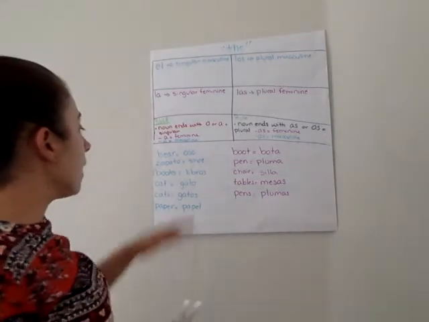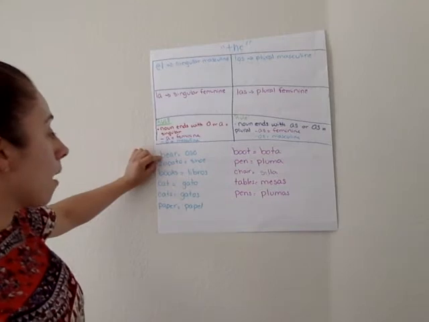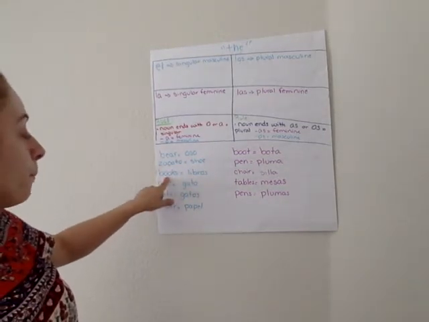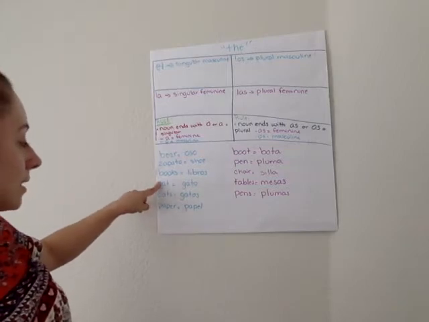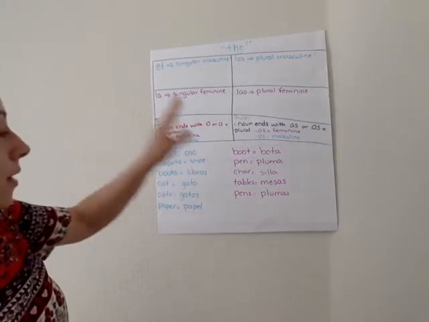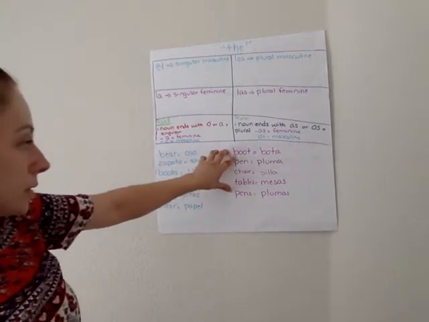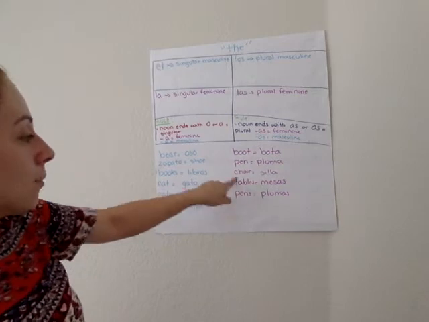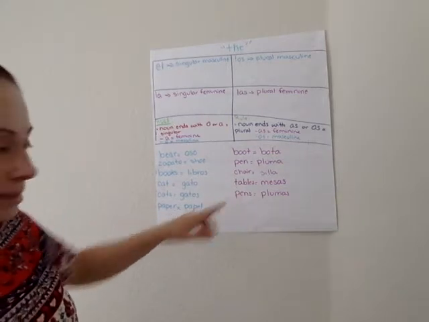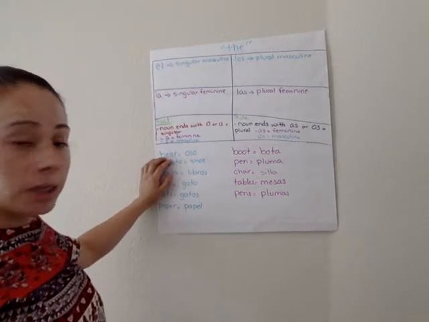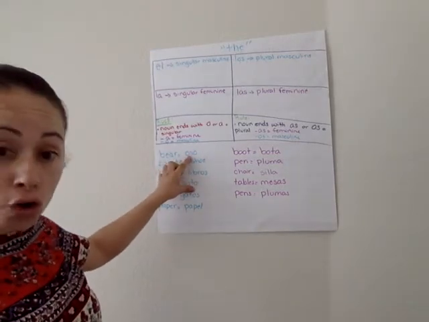Okay? So, I have the following nouns. I have bear, shoe, books, cat, cats, paper. And on this side I have boot, pen, chair, tables, pens. Okay? Now, I know that bear in Spanish means oso.